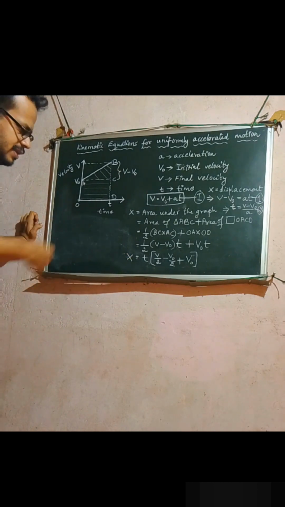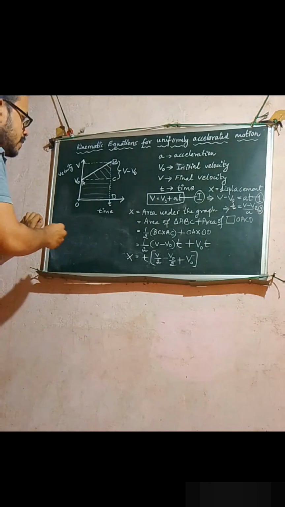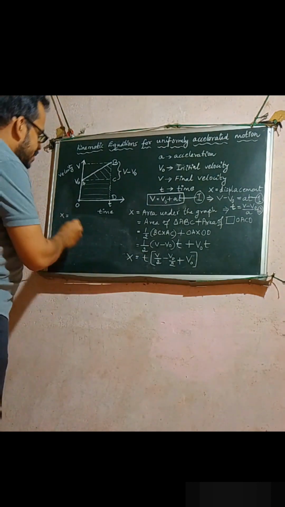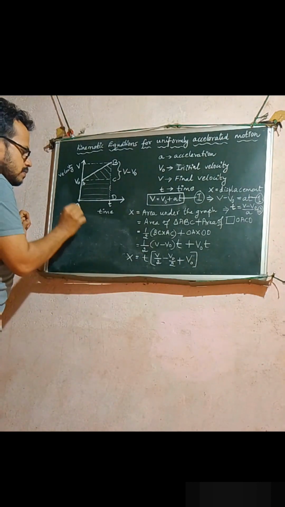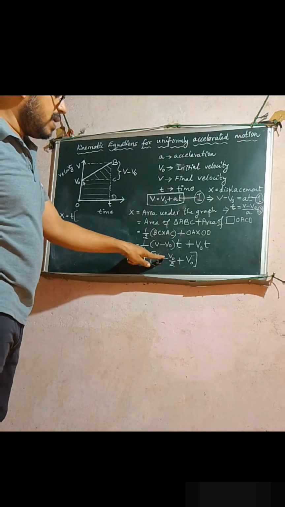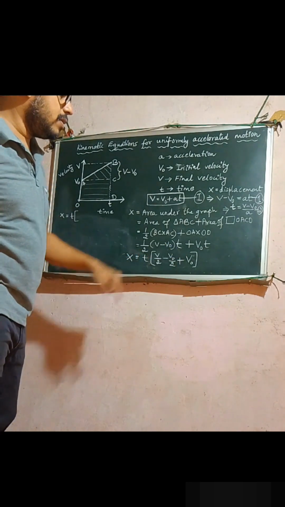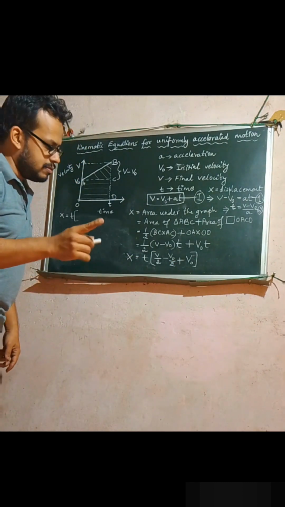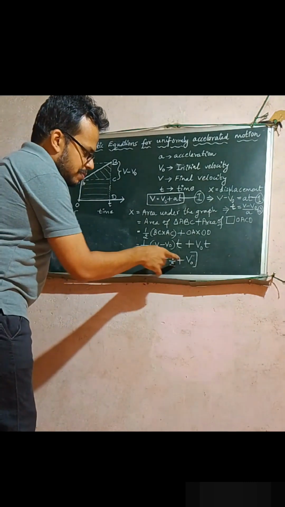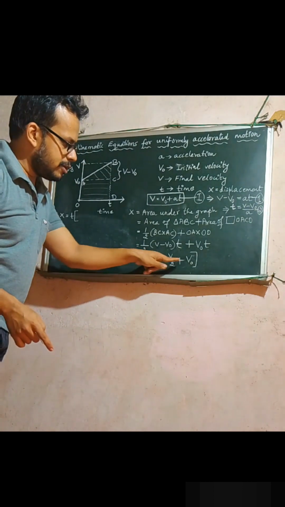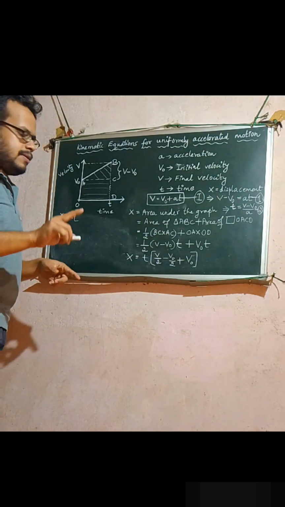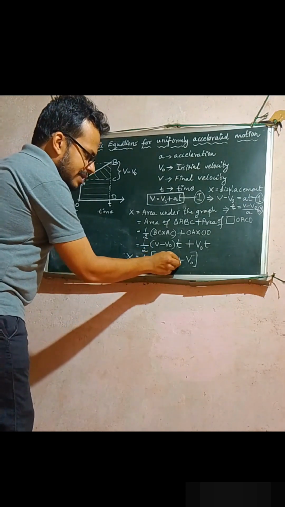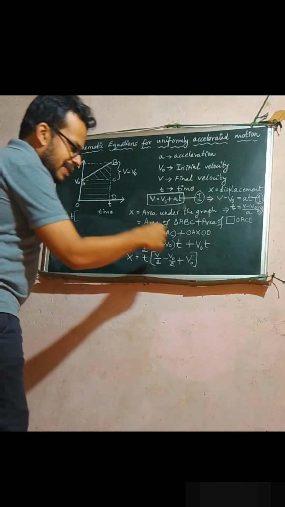I will continue here, there is no space. So x will be equal to, t is already there outside the bracket, into v by 2 minus v naught by 2 plus v naught. So here, minus v naught by 2 plus v naught becomes what? This is minus, this is plus, isn't it? So minus half v naught plus 1 v naught, that is plus half v naught.